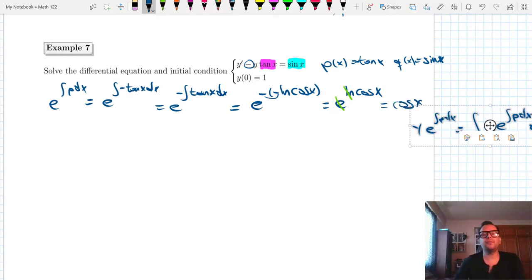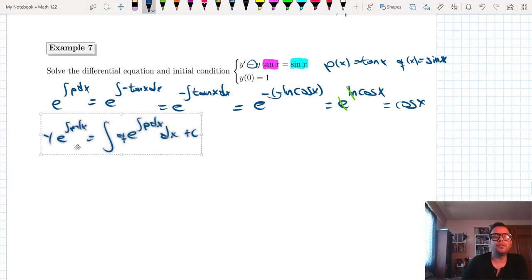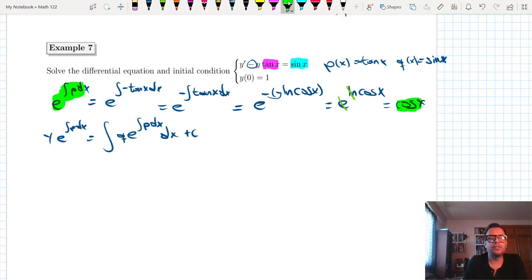So writing down the formula again, notice how this quantity right here, cosine, corresponds to e to the integral of p dx, and let me highlight with yellow the quantity q of x.